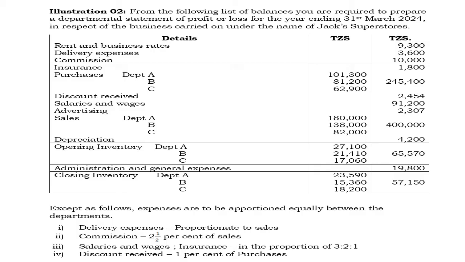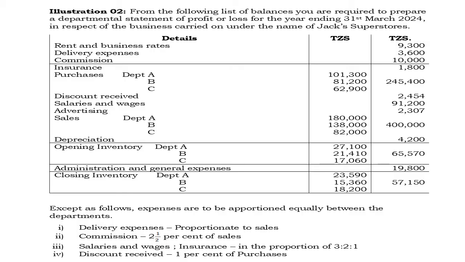So these delivery expenses have to be apportioned based on sales value. You can see they have different sales in different departments. A has 180,000. So we will use sales value as a base to apportion the delivery expenses.